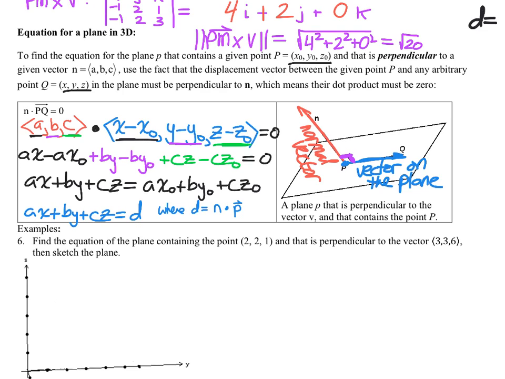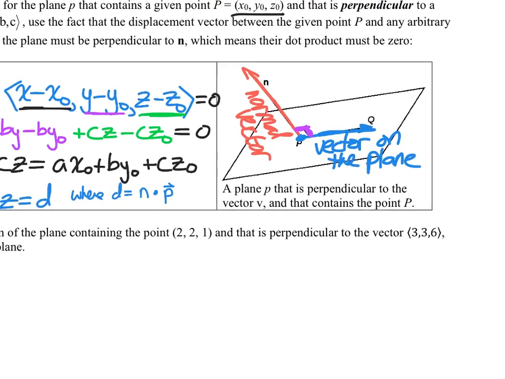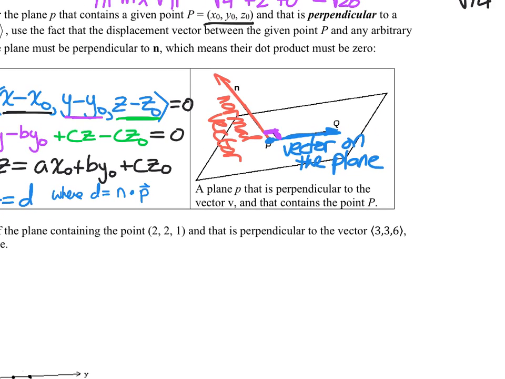All right, so in number 6, it's asking us to find the equation of a plane containing the points and perpendicular to the given vector. So it's actually very straightforward. All we're going to do is just kind of label this up a little bit. So if it's going to be perpendicular to the vector of 3, 3, 6, then that's making n 3, 3, 6.